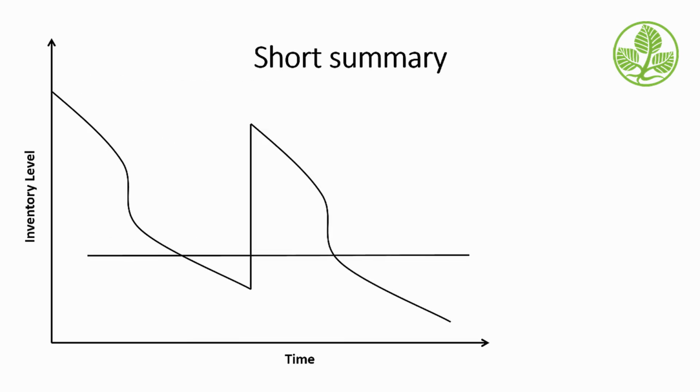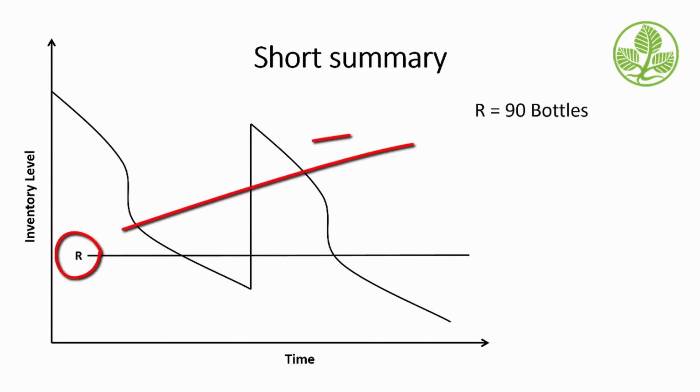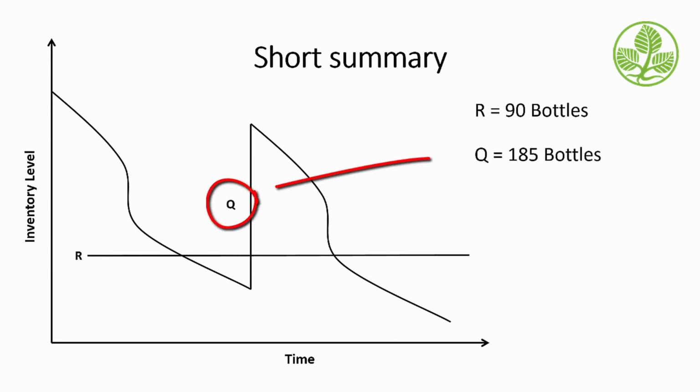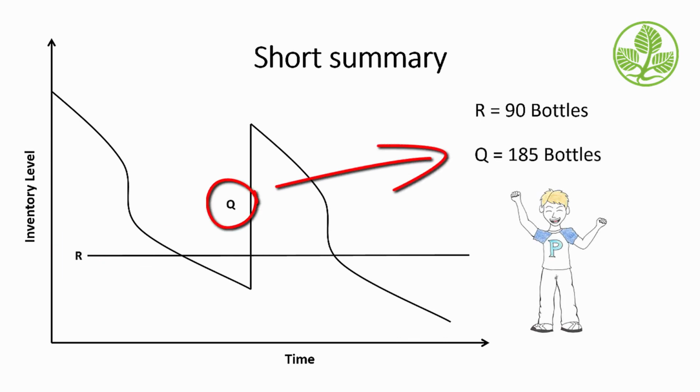Now it's easy for Paul to manage the coffee bar's inventory. He will continuously check the inventory level. When the stock level reaches 90 bottles or lower, Paul will order 185 bottles from the wholesaler. So, Paul was able to solve the problem by using the models of the continuous review policy.